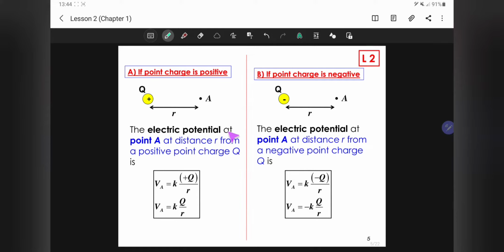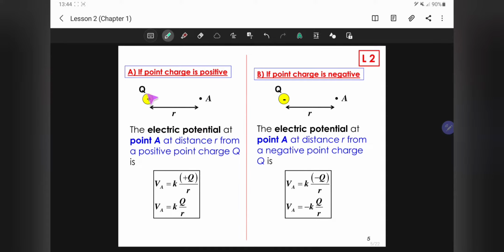The electric potential at point A at distance r from a positive isolated point charge is given by V_A equals kQ over r, and Q given here is a positive charge, isn't it? So you will get V_A equals positive kQ over r. See, the potential here is positive. So remember, the area surrounding any positive isolated charge, its potential is also positive.